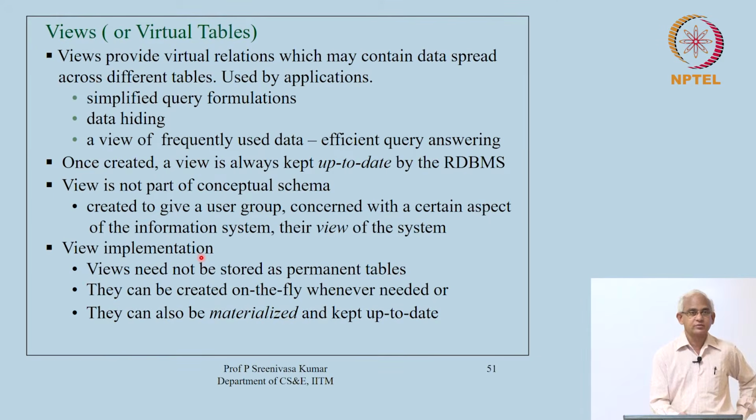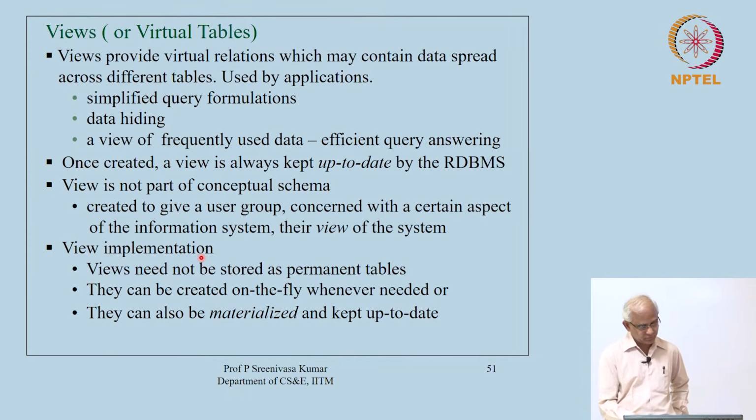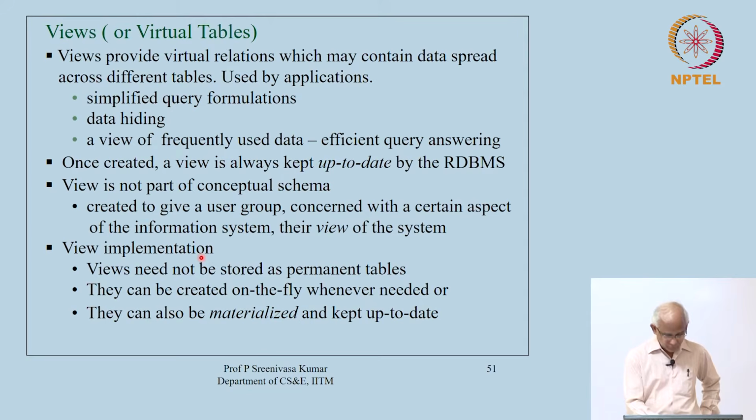So, there are multiple ways of implementing this idea of view, and two possibilities. One is to create the view as and when it is required, use it, and then discard it, and whenever it is required again, it can be created. The other one is to materialize it, that means keep it computed, but then if you materialize it, you have to keep it up to date.